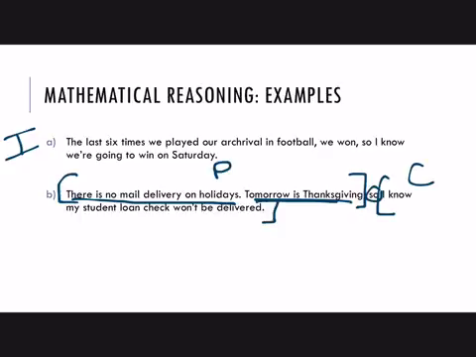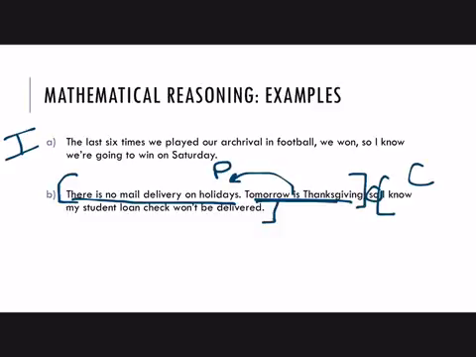And it's kind of like a helper premise, right? It's supporting this one and saying, okay, here's our general rule, no mail delivery on holidays. Then because tomorrow is Thanksgiving, I know that I can apply that general rule to tomorrow, and I can apply that rule to say, okay, then I know that my loan check won't be delivered. All right?